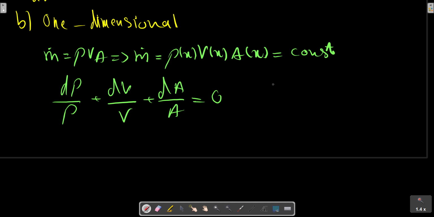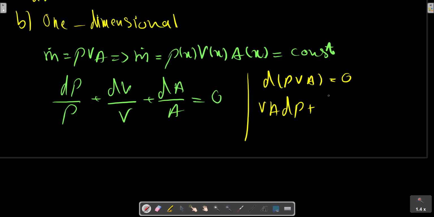This relation is obtained from rho V A equals constant, taking the differential of each part of this expression. We have rho A dV and rho V dA. We divide by rho V A, and we obtain this relation for the continuity equation.